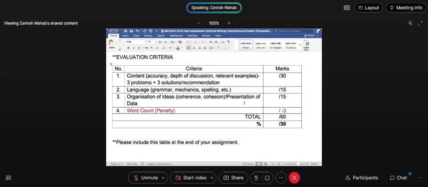Language, I will look at grammar, mechanics, spelling, and so on. I do give quite high marks for language. I'm expecting that because you can actually use features or chat with ChatGPT.